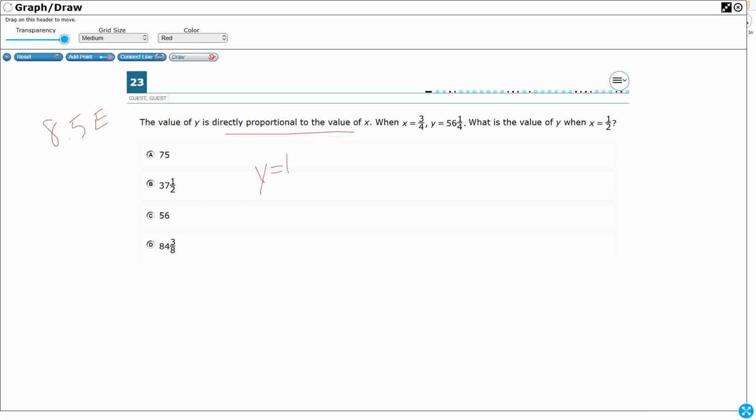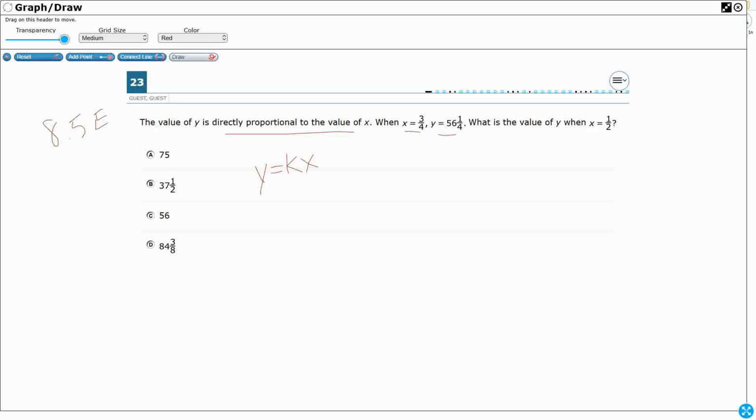Y equals kx. It's not slope-intercept form, because slope-intercept form is y equals mx plus b, and that b means it's not directly proportional, because that b is going to change it and push the graph up or down. So when x equals 3/4, let's just use the substitution, y equals 56 1/4.